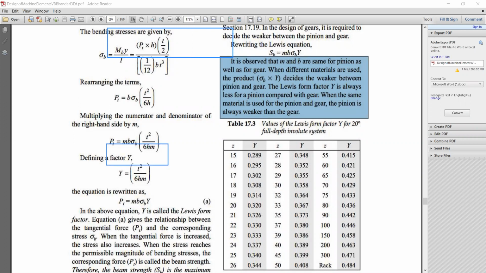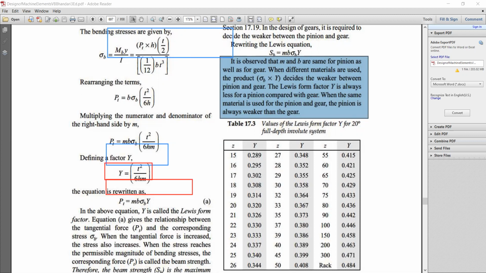Here there are two conditions. The first condition is that the value of Fs, that is the static load, should be greater than the dynamic load. The second condition is that the wear load should be greater than the dynamic load. If these two conditions are satisfied, then your design is safe. Otherwise you need to change. What will you change? You should change the value of the module, or change the material. There are two variants. Based on that you can go for variation.